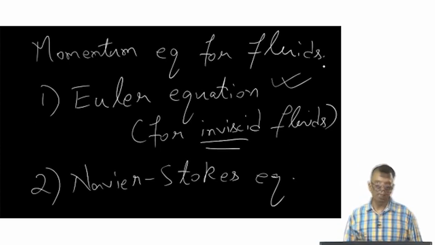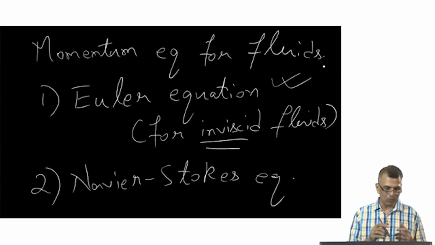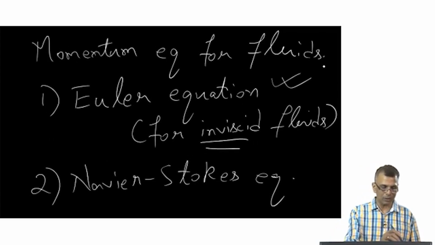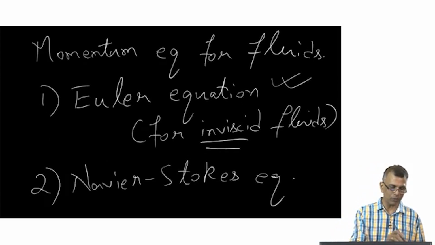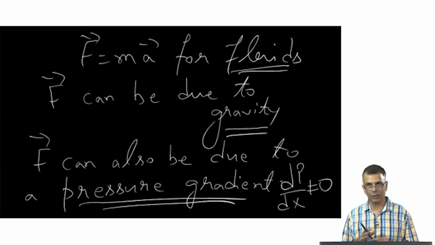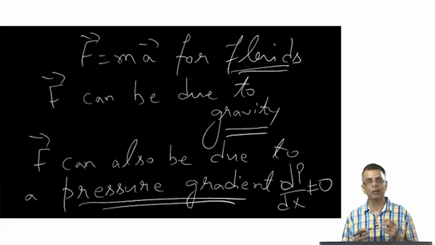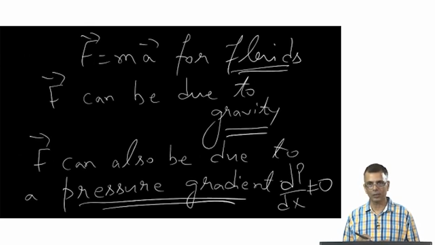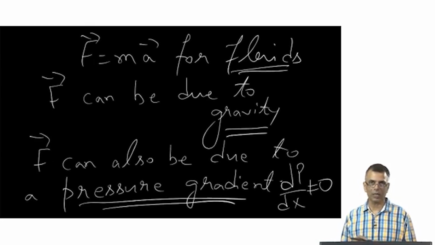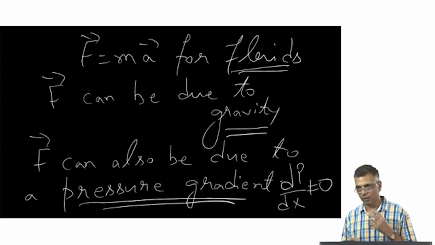It's just historical. But one of the main things I wanted to bring across is that both of these are simply F equals ma. The major new thing you will encounter while studying F equals ma for a fluid parcel is the role that pressure plays. Pressure gradient manifests itself as a force on a fluid element, and that's something you wouldn't have encountered while studying F equals ma as applied to rigid bodies.